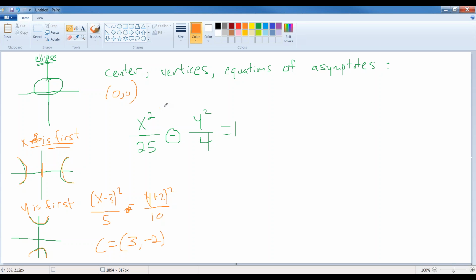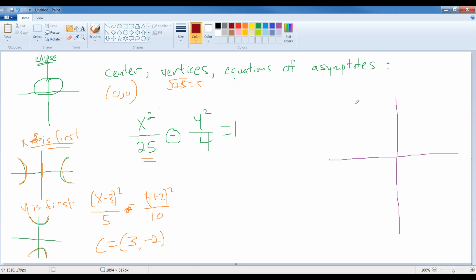The vertices, which means how spread out they are from the center, are simply the square root of whatever's over here. The vertices are the square root of 25, which is 5, which means they're 5 away from the center. So let's draw a graph over here. All right.